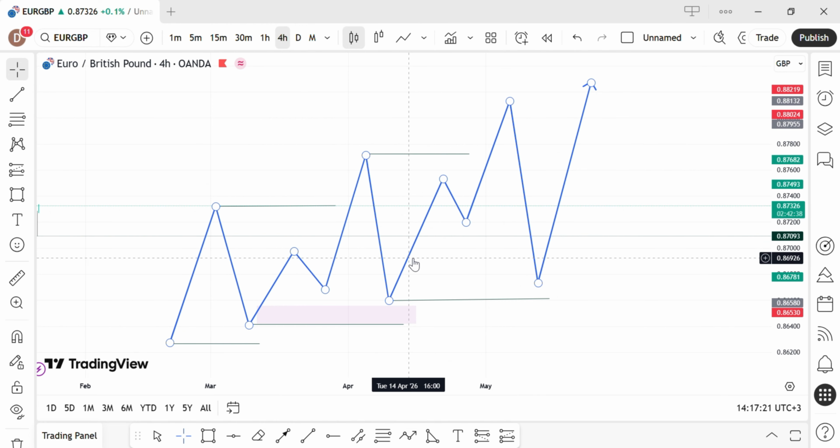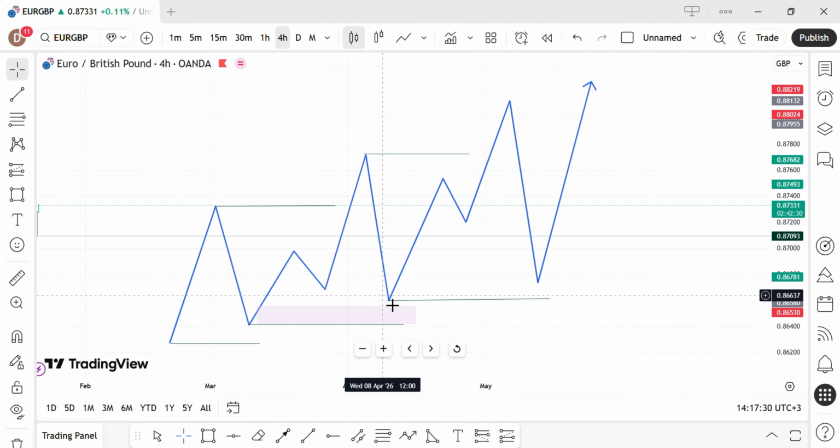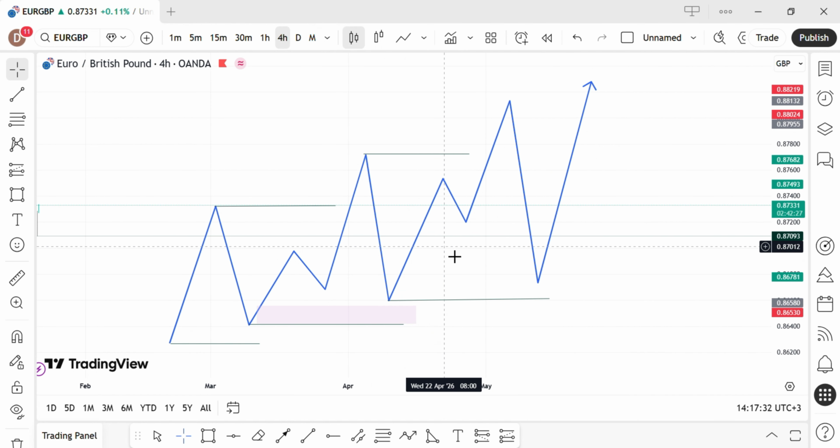If there's an imbalance here and an order block here, there's a higher chance that the market will push up. But before we confirm those two, we look for the third thing, which is called liquidity. I will teach liquidity on its own, but for now, this is it.